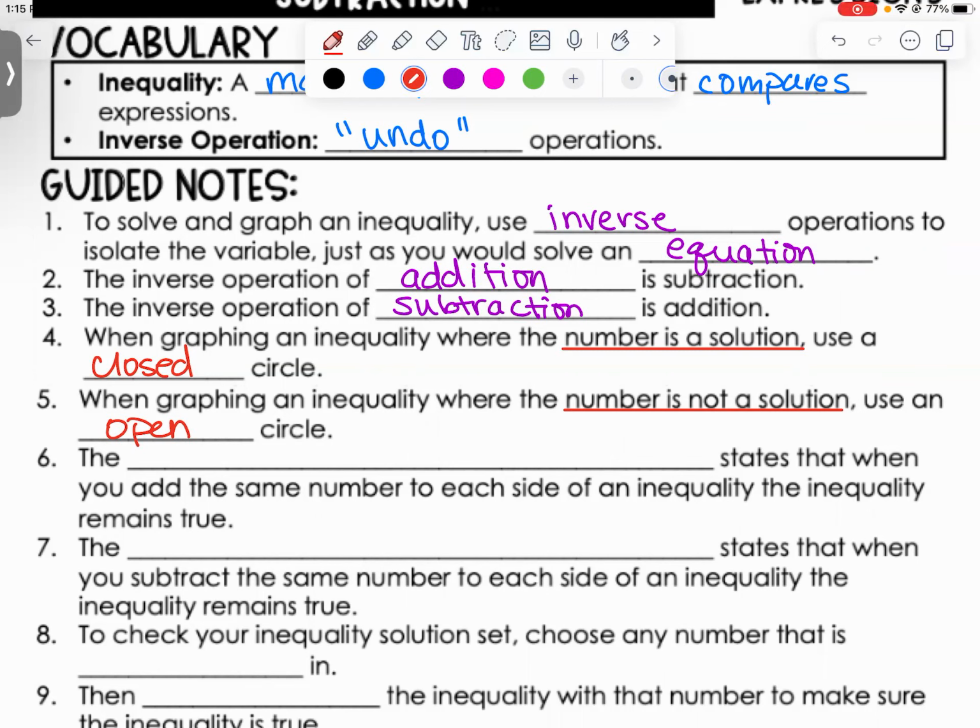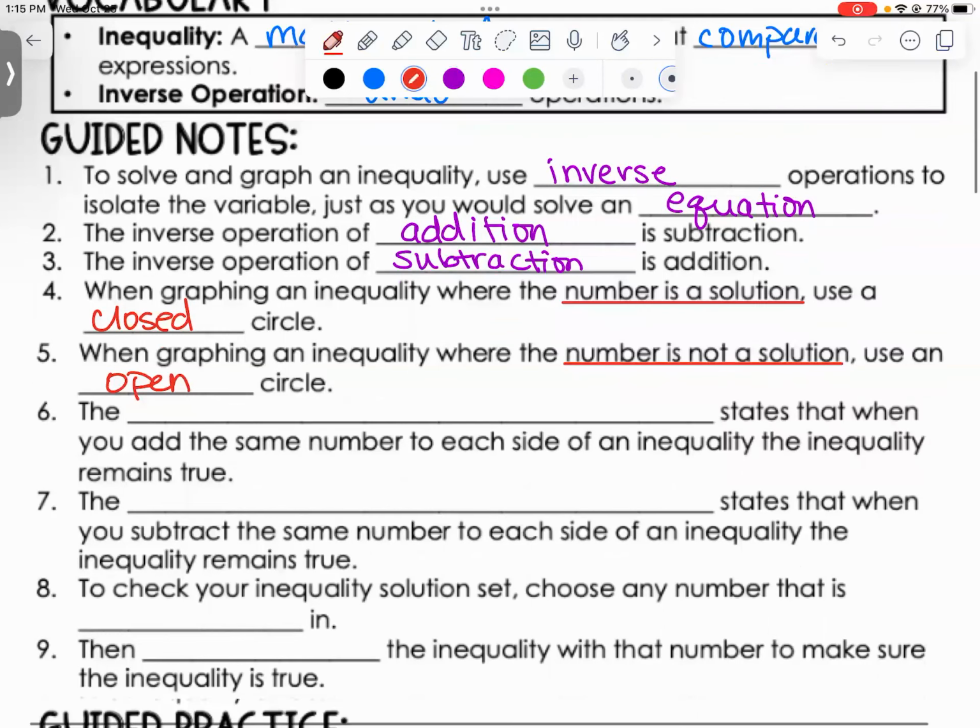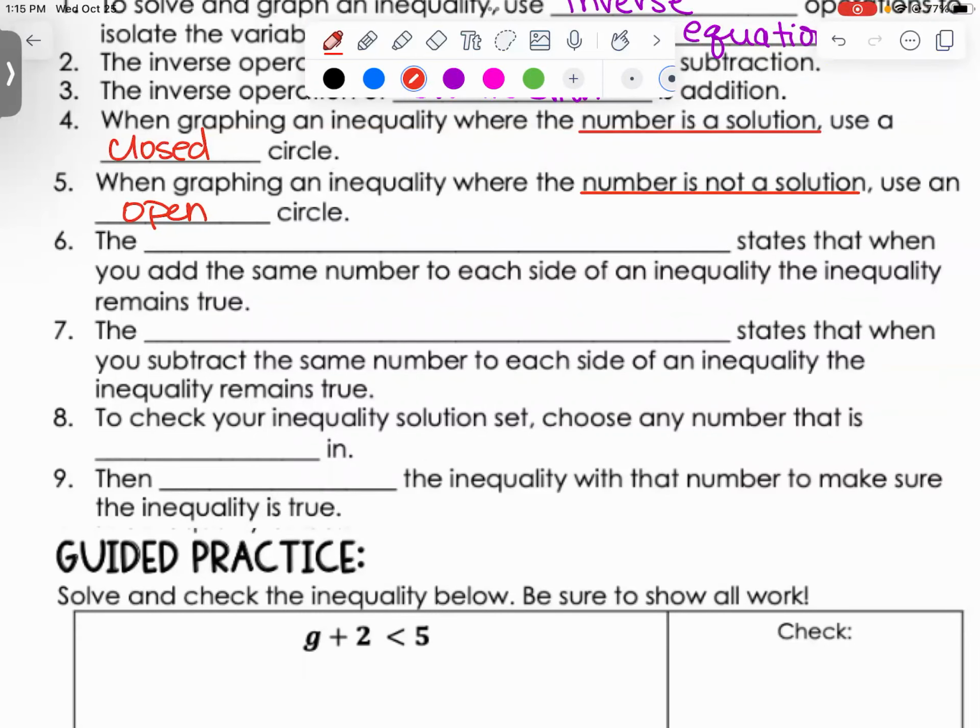Now, I don't know if we formally talked about this when we were doing our equations unit, okay? But there's actually a property that says we can add to both sides, subtract to both sides. So if we are needing to undo subtraction and add the number to undo it, we have to add it to both sides, okay?